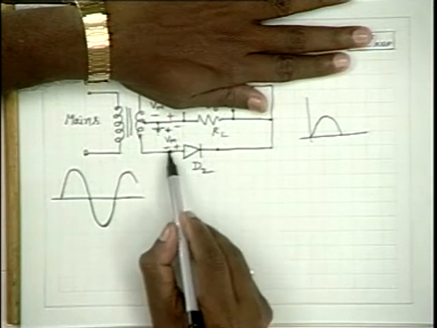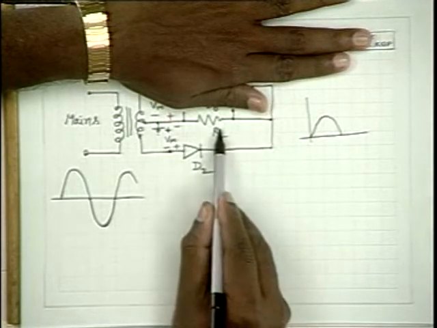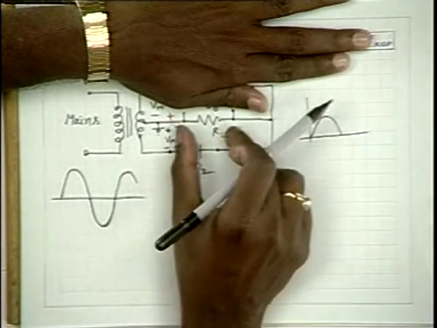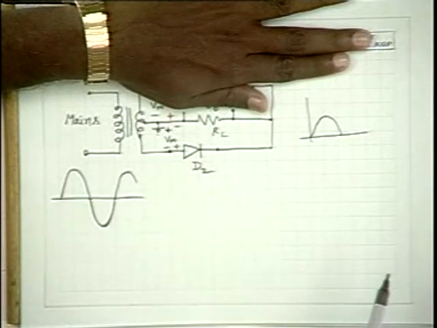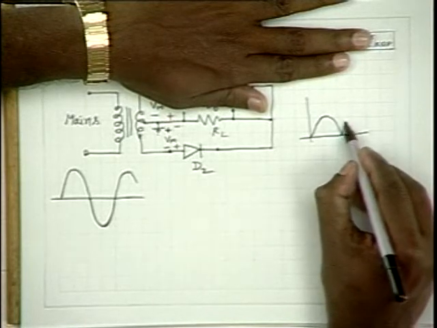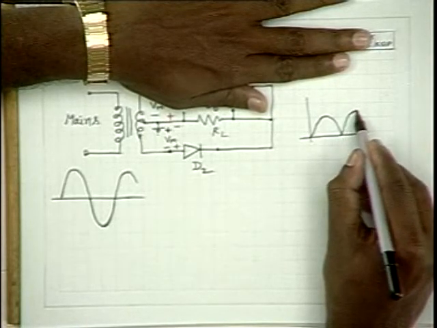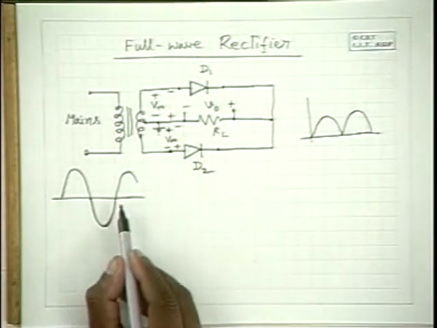Now D2 conducts, it transfers this voltage to RL in the same direction as in the previous half cycle. So the voltage appearing across RL would be like this for the negative half cycle of the input.